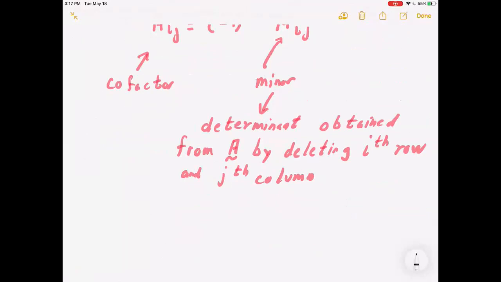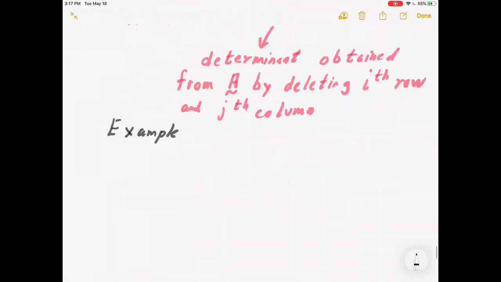And again, anytime we introduce a new concept, it's always important to go through an example, and I will do that. So suppose you have the following matrix. Remember, the method of cofactors and minors is simply a way to find the determinant.